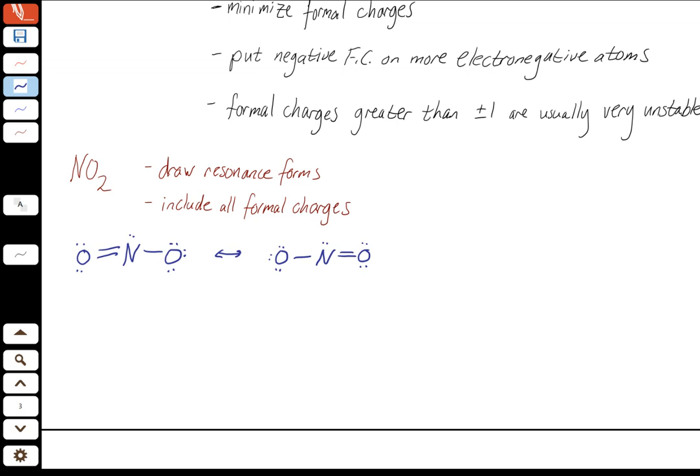Did anybody find any other structures? Any other resonance forms that I'm missing? Wait, we got another problem here, don't we? Yeah, there's 17.